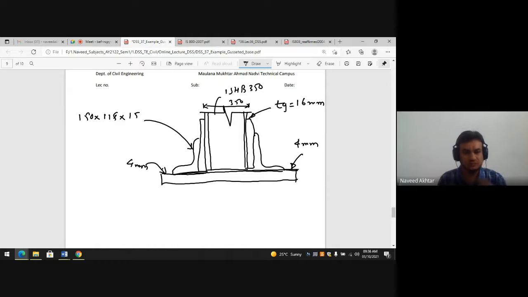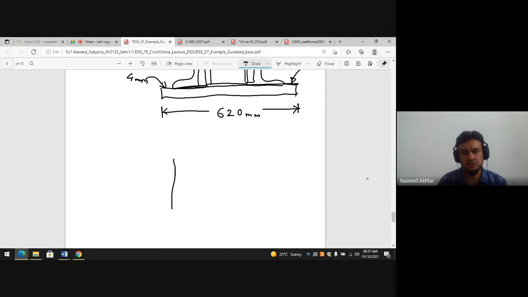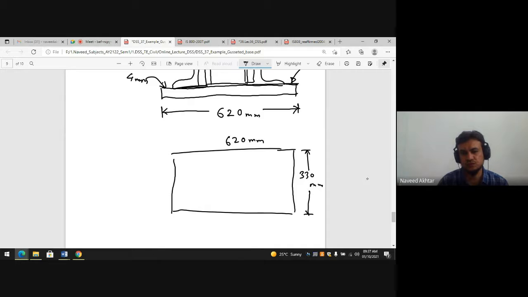The length of plate you have calculated in this direction is 620 mm. If you draw the plate in plan, it will be 620 mm and 330 mm. So this you have done.